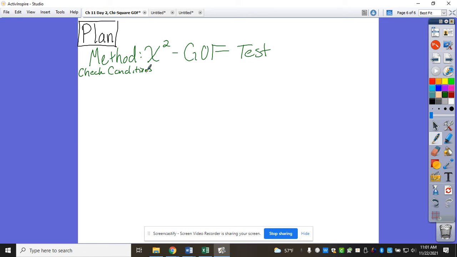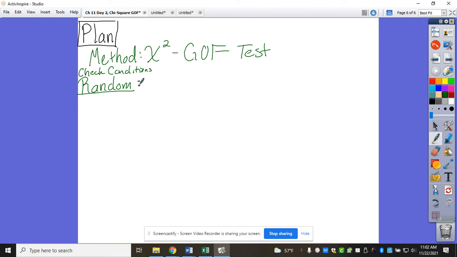What's my first condition? That's the same way we've always checked it. In this case, it could be either one. If you want to write, check which, I don't think I'll follow that part.